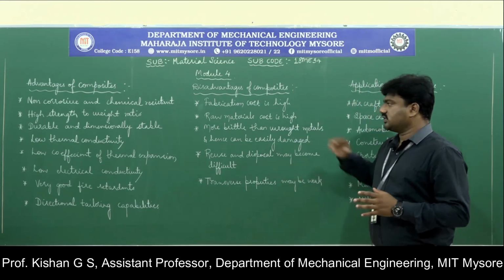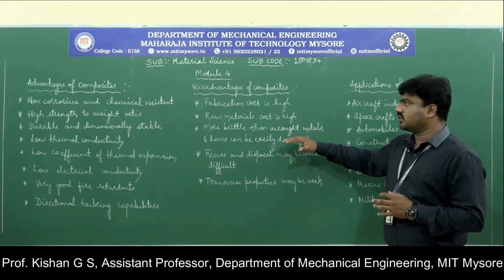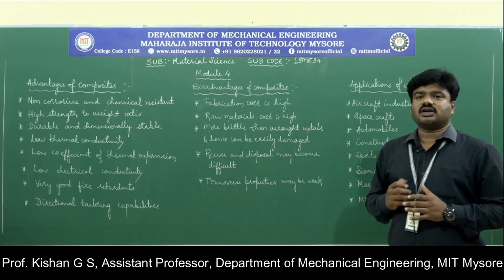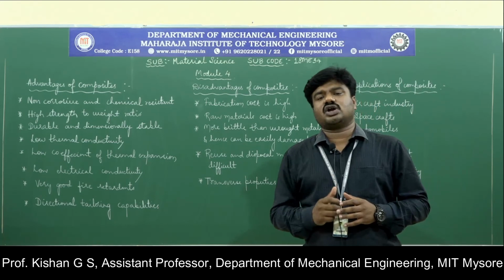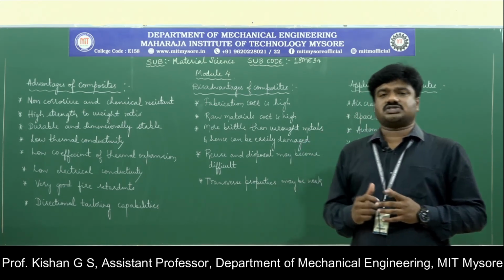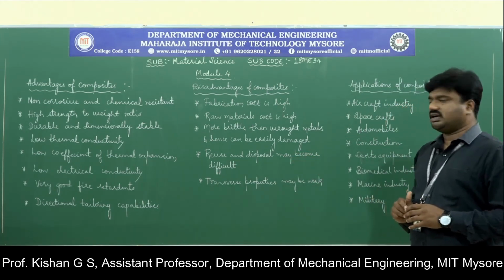The third major disadvantage is that it becomes more brittle than wrought metals and hence can be easily damaged. Brittleness is one of the major drawbacks of composite material, leading to breakage or initiation of breaks in the specimen. Next, reuse and disposal may be difficult.